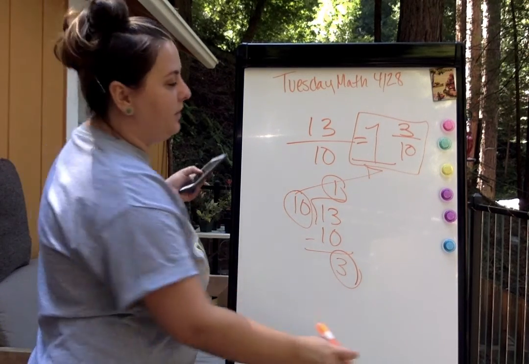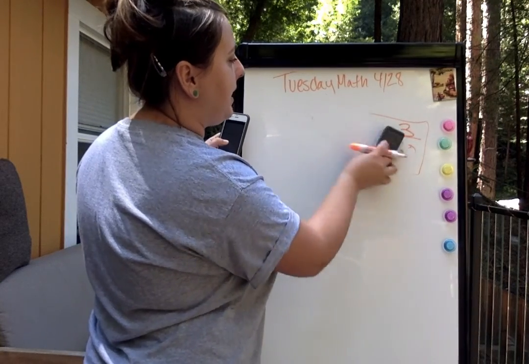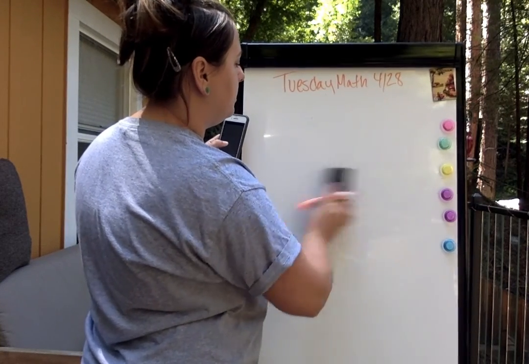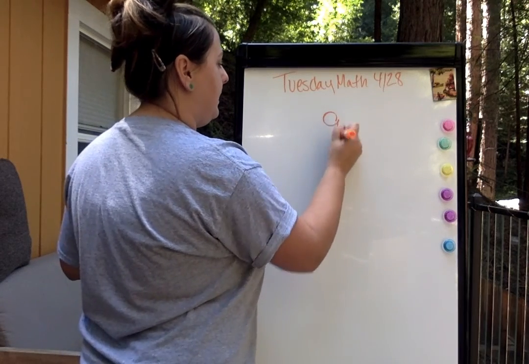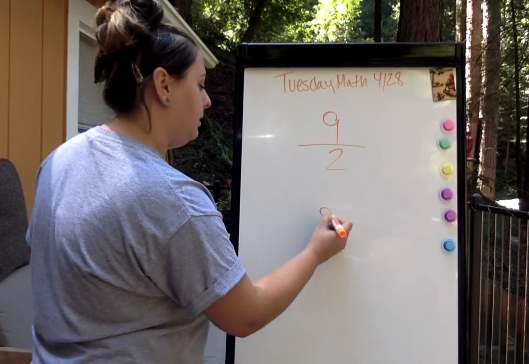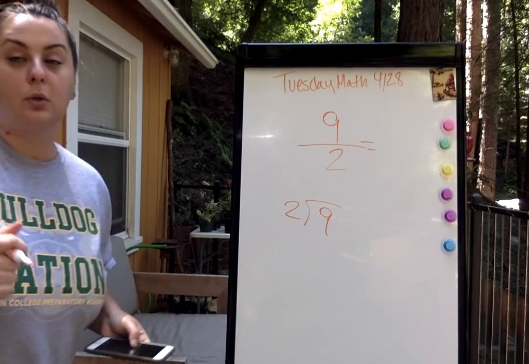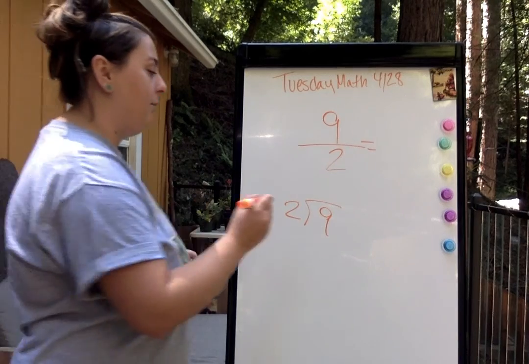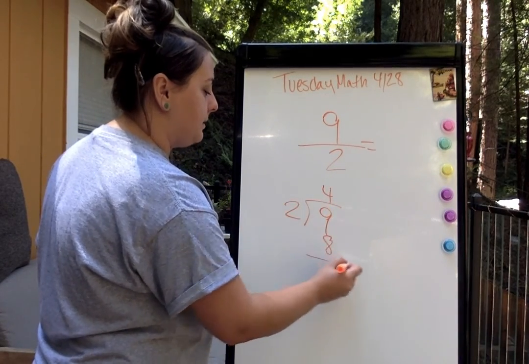Next one is converting another improper fraction into a mixed number. So we're going to do the exact same thing with different numbers. 9 twos. Okay? 9 divided by 2. 2 goes into 9 4 times because 2 times 4 is 8.